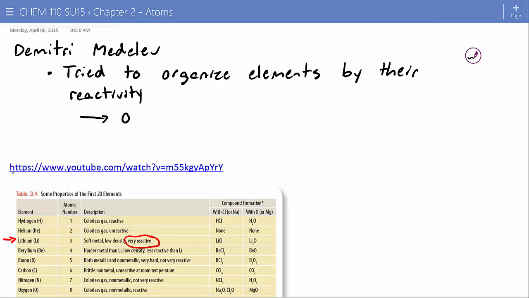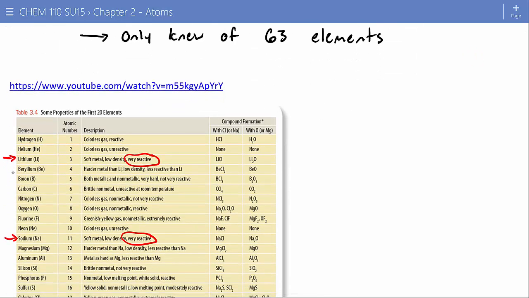And at the time, he only knew of 63 elements, and basically made a chart exactly like the one below where he tried to organize these 63 elements. And he noticed that, for example, there was a gap between lithium and neon of a certain number of elements.